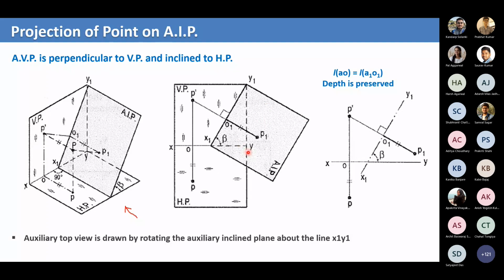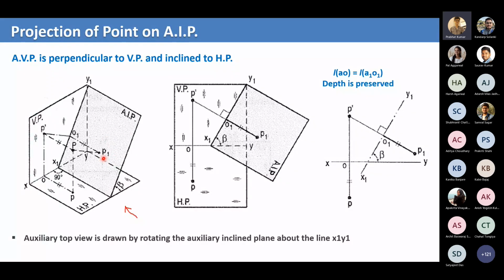Now that we have projected P to AIP, we named it as P1. Everyone understood why it is named P1 instead of P1 dash or P, right? Revant, there is one typo.